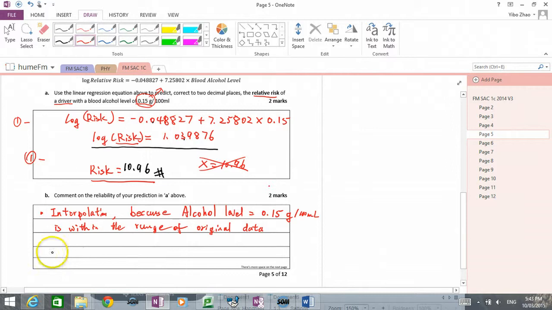Okay, so we need to mention an indication of R value.